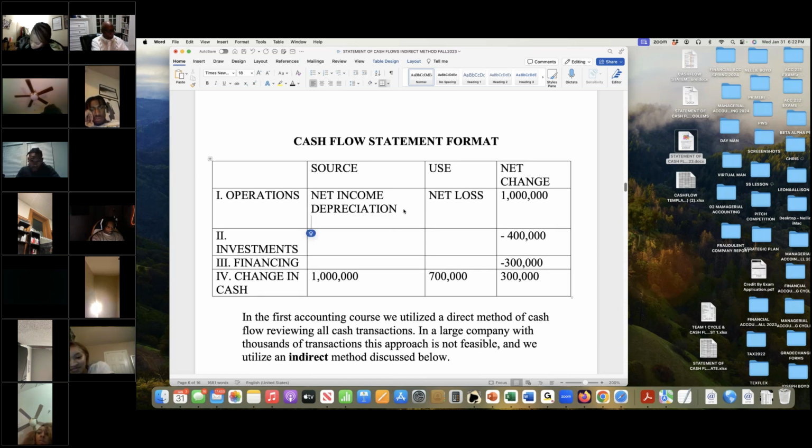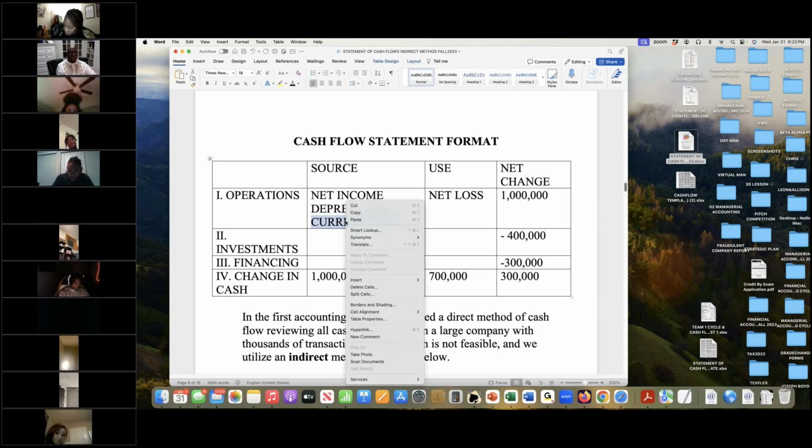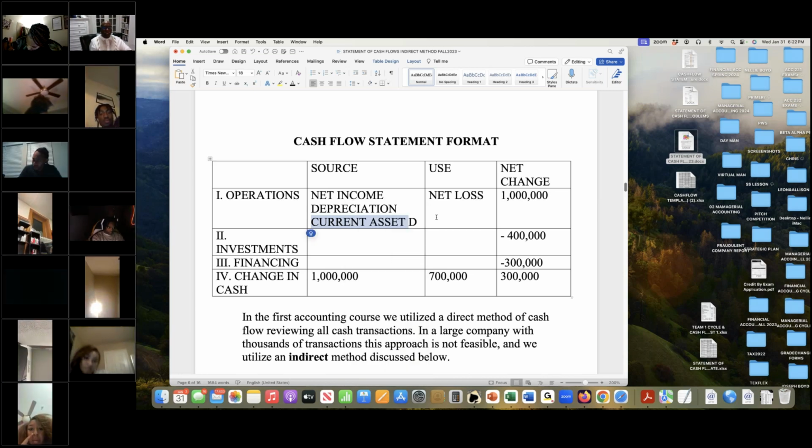So for a current asset, if it decreases, I'm just going to put a D here. If it decreases, it goes here because cash came in. If it increases, it's going to come over here.